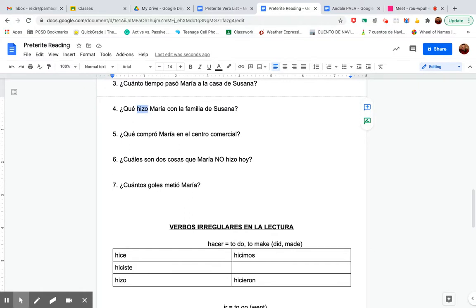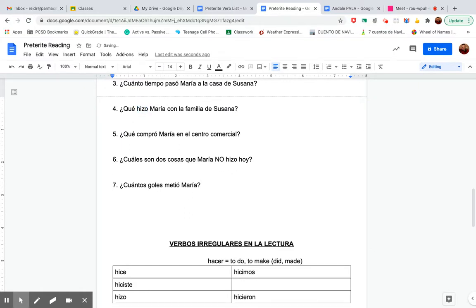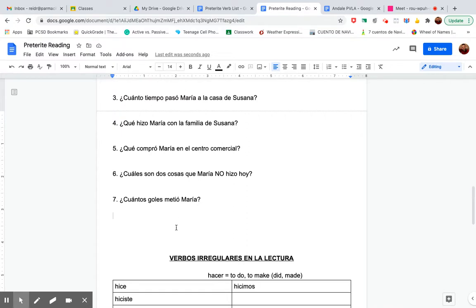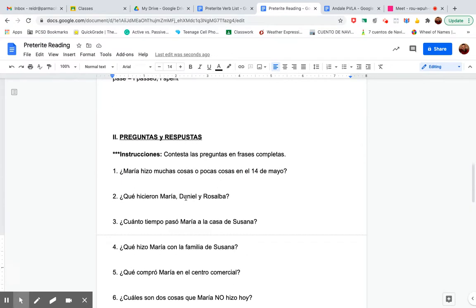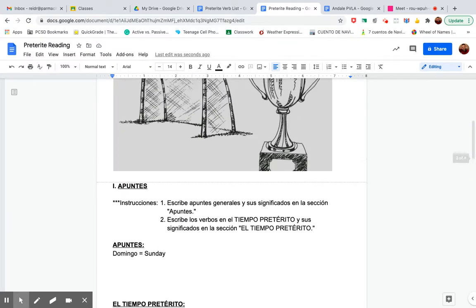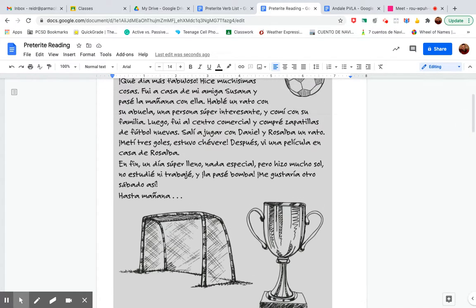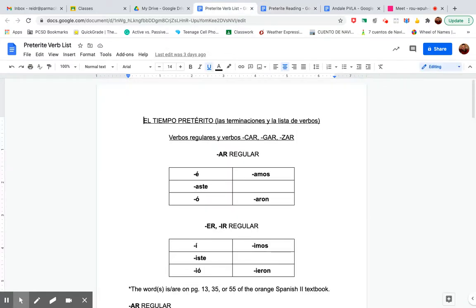I also have to watch the forms of your verbs. I'm going to give you this one for an example. ¿Cuántos goles metió María? I'm running out of battery here. Okay, so I don't know what metió is, but well, you were supposed to look it up in this section here. Where it says metí. Oh, I can't find that in the dictionary. Well, it's got an I with an accent on it, so that must mean it's an ER-IR verb here.